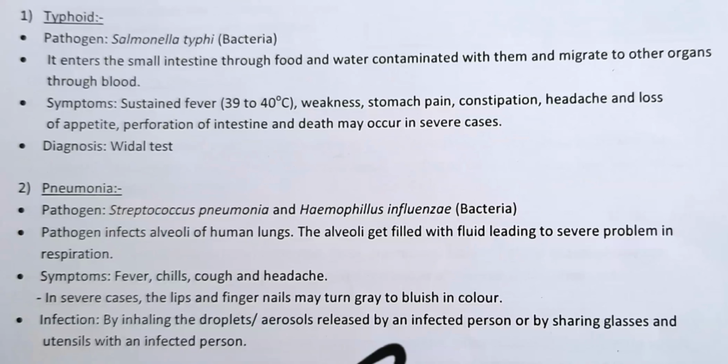A bacterial disease. The pathogen responsible for this is Salmonella typhi. Salmonella is the genus, typhi is the species, scientific name Salmonella typhi, the bacteria. Basically, its entry point is the alimentary canal.